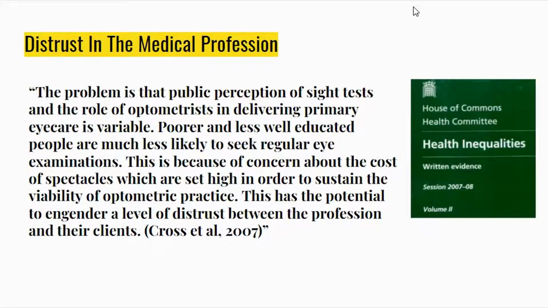So poorer and less well-educated people are much less likely to seek regular eye examinations. This is because of concern about the cost of spectacles, which are set high in order to sustain the viability of optometric practice. This has the potential to engender a level of distrust between the profession and their clients.